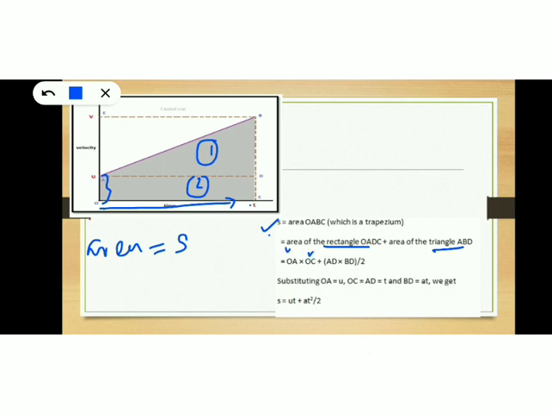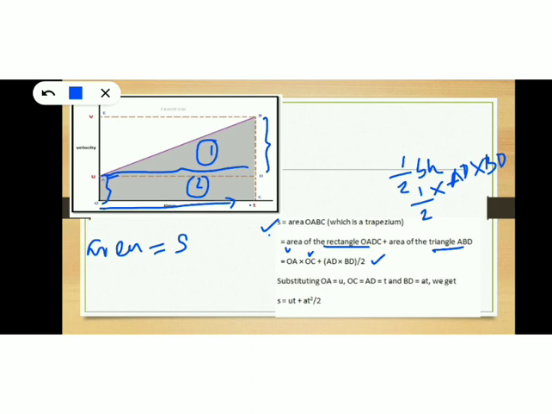Now what is the area of a triangle? Area of a triangle is half base into height, isn't it? So here it is half into the base, which is AD, and the height of the triangle is BD. So that is written here: half into AD into BD. Now substitute for OA, OC, AD and BD.